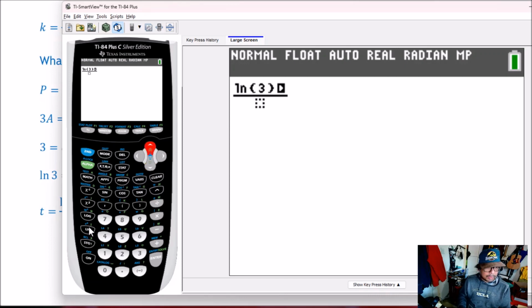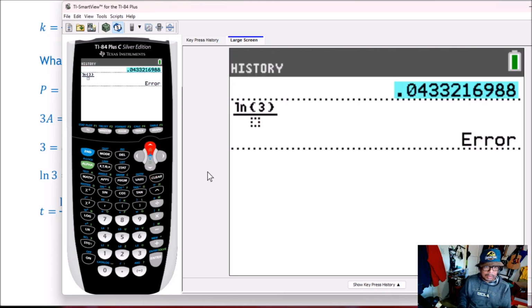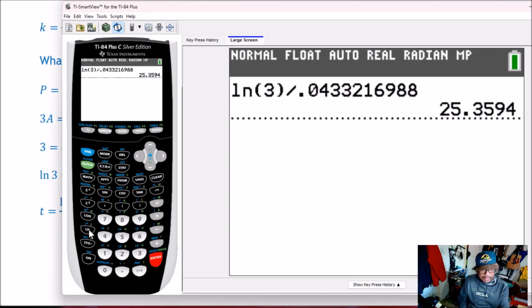Let's try a different tactic here since it's not going to let me paste into a denominator. Let's just take this value here. We'll move to the front here and we'll insert the natural log of 3. And then we'll divide by that result. Yeah, that should work. And that gives me 25.3594.